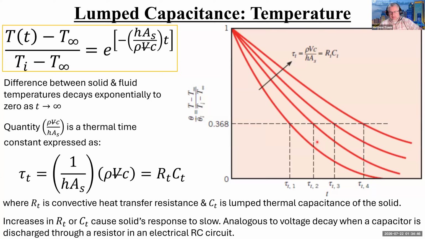So here's a visual image of this. On the x-axis we have time, on the y-axis we have our dimensionless temperature, theta over theta initial. As I mentioned, as R times C increases, here's an arrow for the increasing direction, the temperature response of this object slows down.